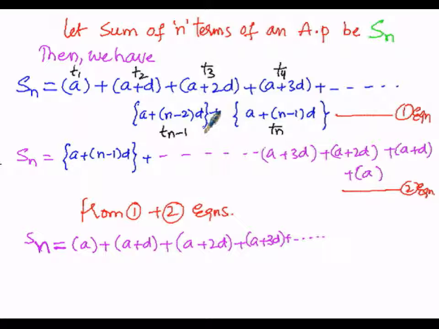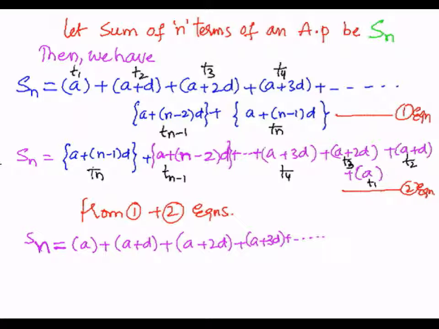So a plus n minus 1 into d is the nth term. The next term is the t n minus 1th term, which is a plus n minus 2 into d, then dash dash plus dash dash plus a plus 3d, the fourth term, then a plus 2d, the third term, a plus 1d, the second term, and a plus 0d, the first term.